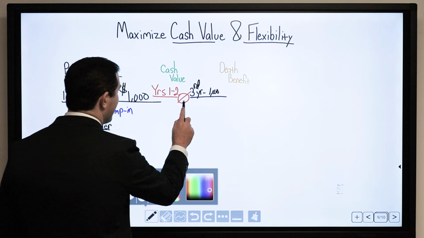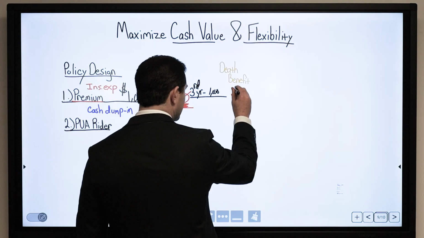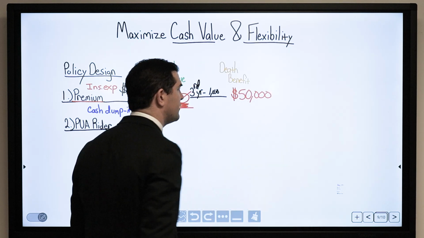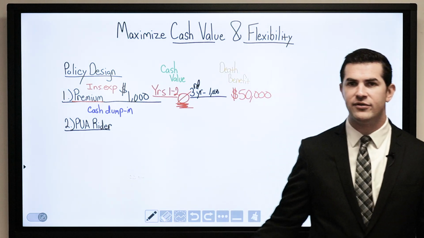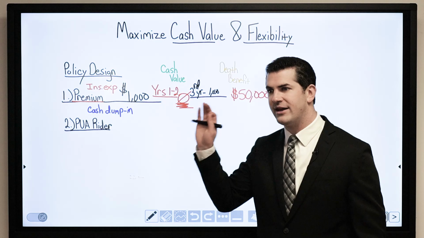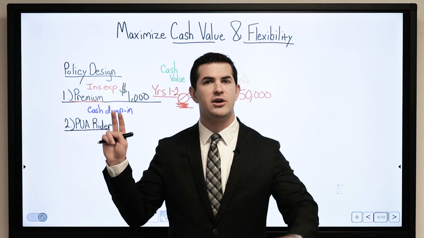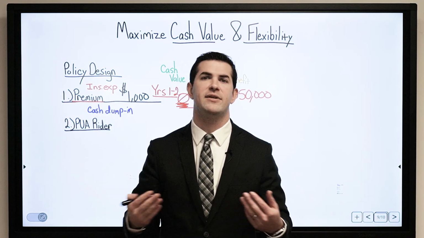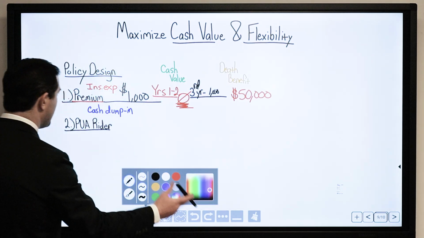Now, why I have nothing right off the bat is really because the insurance company is going to overcharge me for the cost of insurance or death benefit up front. So with a whole life insurance policy, when I have nothing in the early years, typically the first 2 with most companies and products, the reason why is that the insurance company is overcharging me for the death benefit, the cost of insurance.